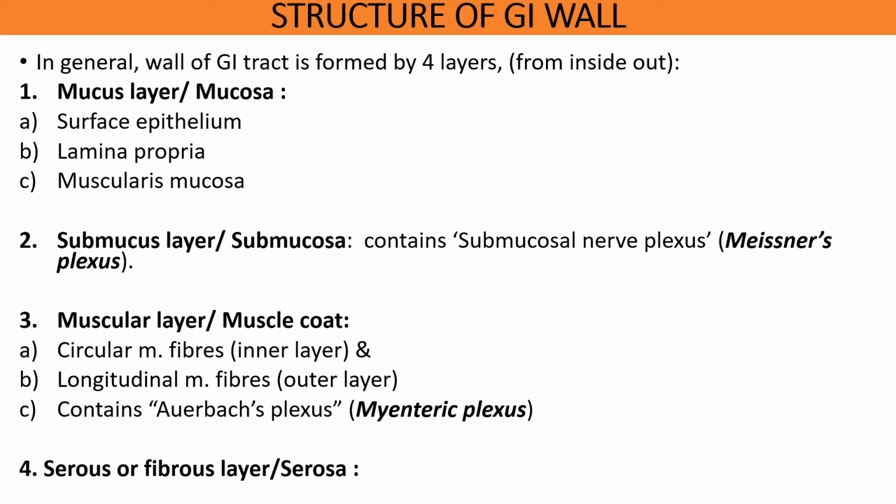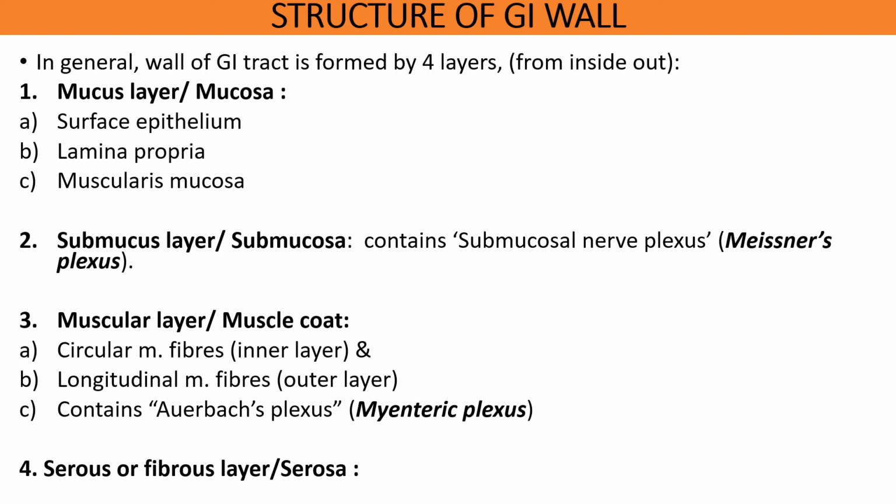Now, after this layer, you will find another layer known as the muscular layer or the muscle coat. As the name suggests, this layer consists of 2 different kinds of muscles. The inner layer of the muscular coat contains circular smooth muscle fibers, and the outer layer contains longitudinal smooth muscle fibers.